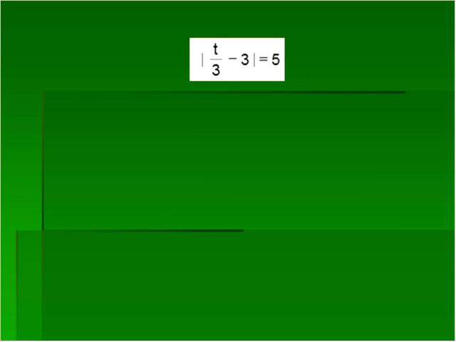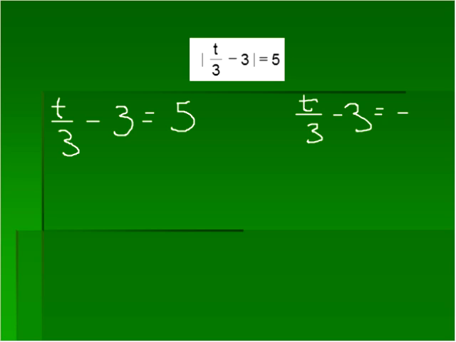And the last problem I'm going to go through here today, it looks like our absolute value sign is already isolated, so I'm just going to go ahead and rewrite my two equations. So t divided by 3 minus 3 equals 5. And then my second equation is t divided by 3 minus 3 equals negative 5.